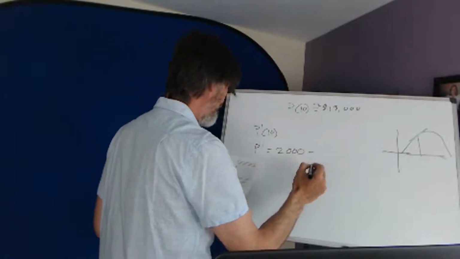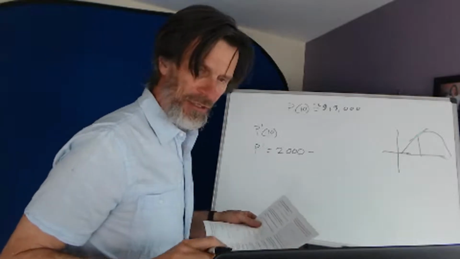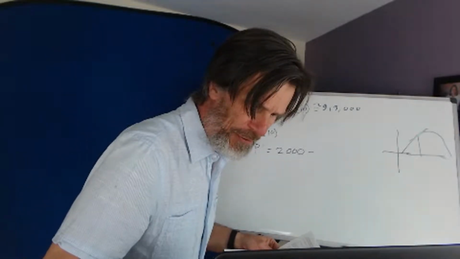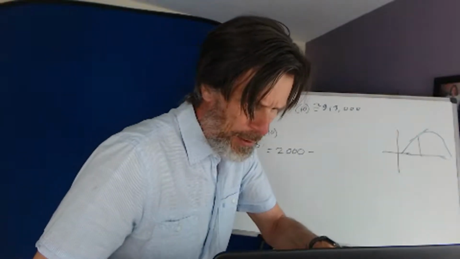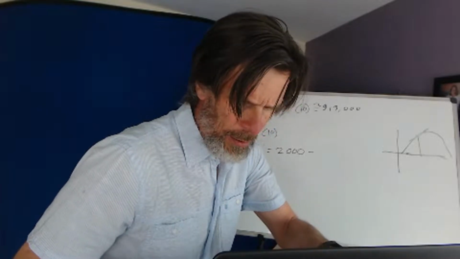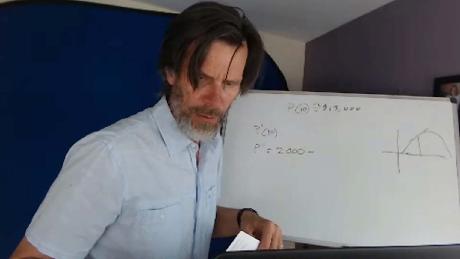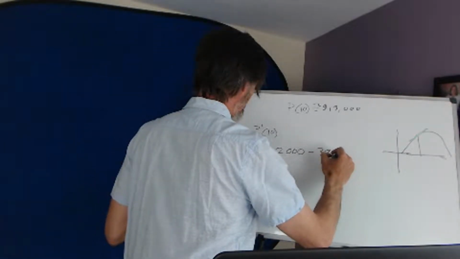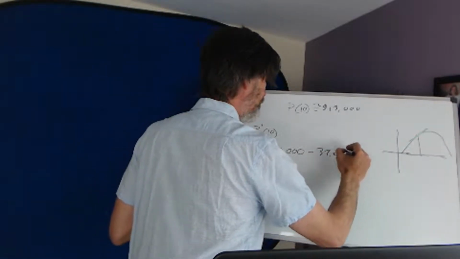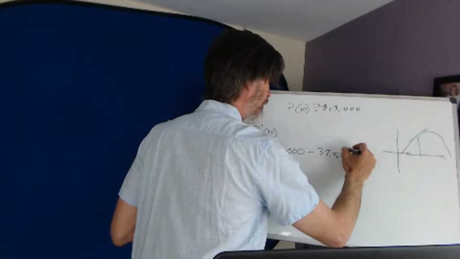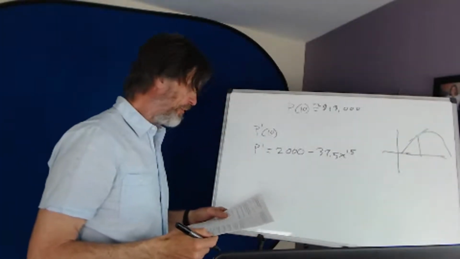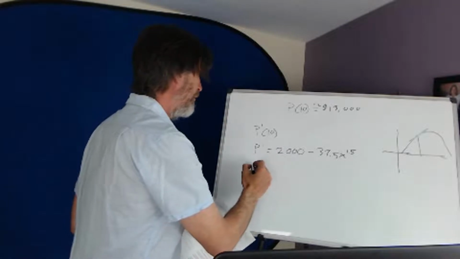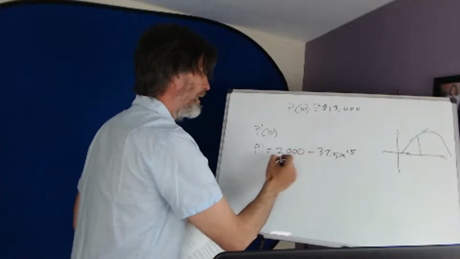And the derivative of 15x to the 2.5: 15 times 2.5 is 37.5. Reduce the power by 1. There's the derivative. Calculate whatever that is when you plug in 10.